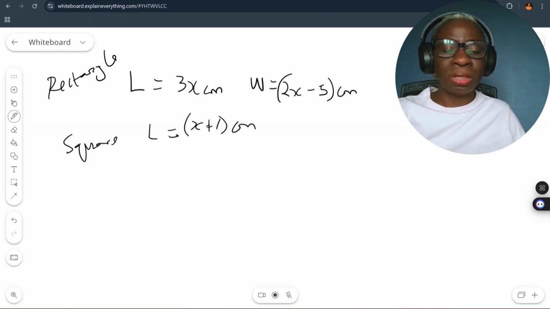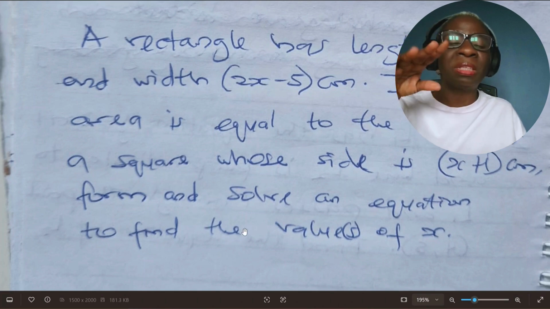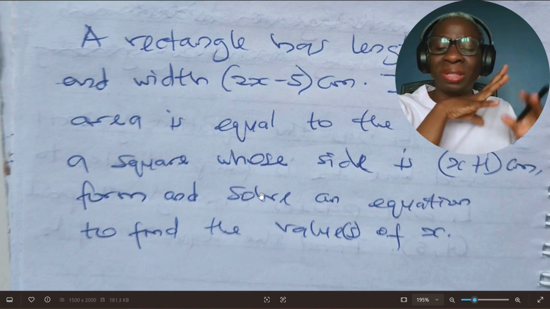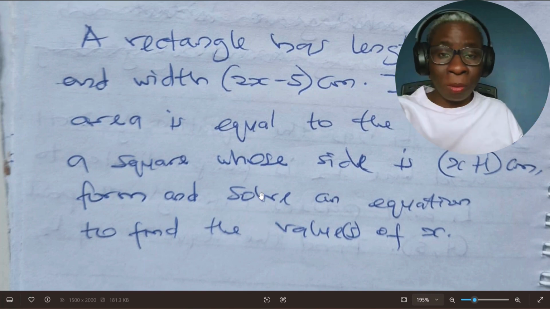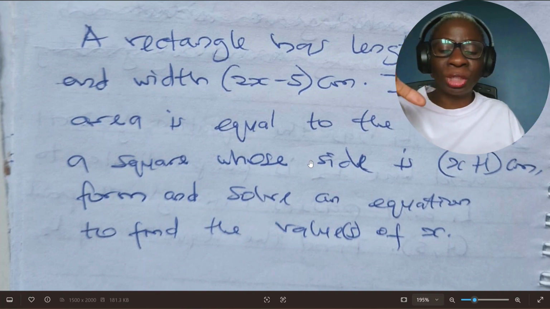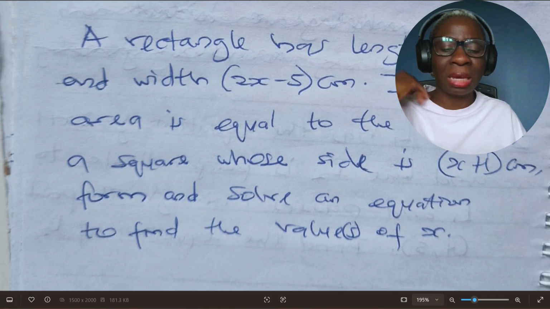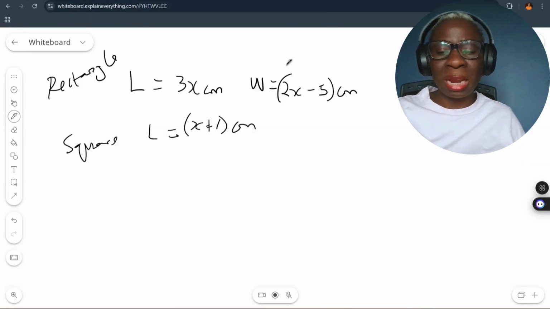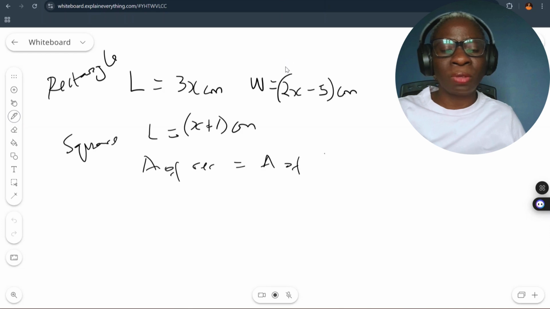Now, the question says the area of the rectangle is equal to the area of the square, form and solve an equation to find the values of x. The first thing we have to do is to form the equation. So we were told that the area of the rectangle is equal to the area of the square.